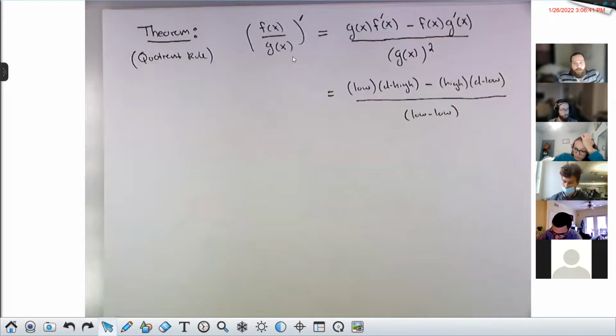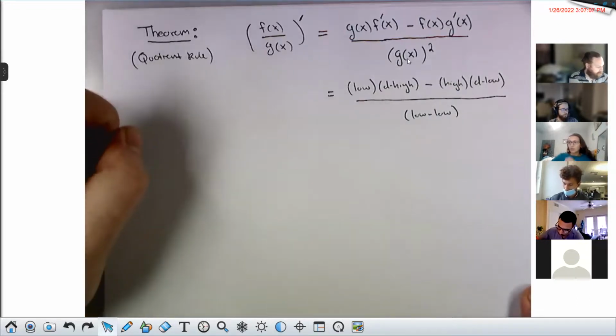Low d high minus high d low over low low, which means low d high, bottom times the derivative of the top, minus high d low, top times the derivative of the bottom, over low low, the bottom squared, or the bottom times itself. Like the product rule, there are cases where you cannot escape this.